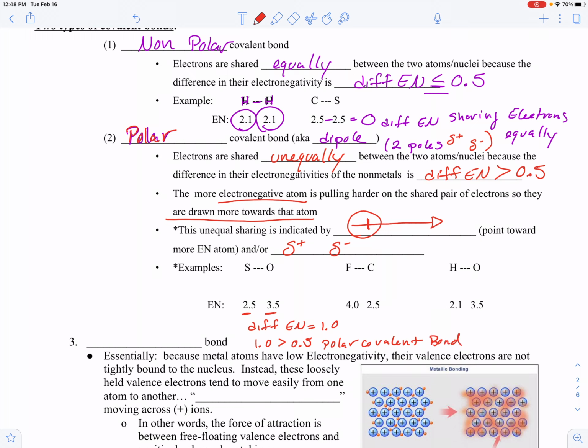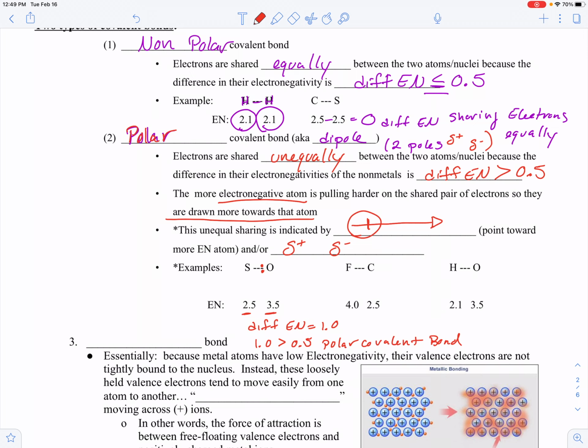Oxygen is clearly more electronegative. So if there's a pair of electrons here, that means the electrons aren't being shared equally between the two. In fact, the electrons are getting pulled slightly closer to oxygen.